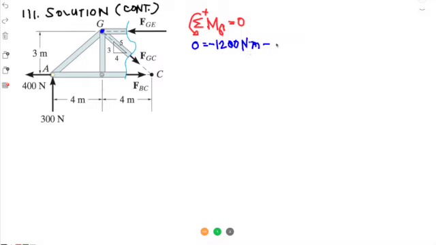As I mentioned earlier, I prefer to write the positive ones, but it doesn't matter as long as you stick to your sign convention properly. So this is also another 300 newtons times 4, that would still be minus 1200 newton meter.